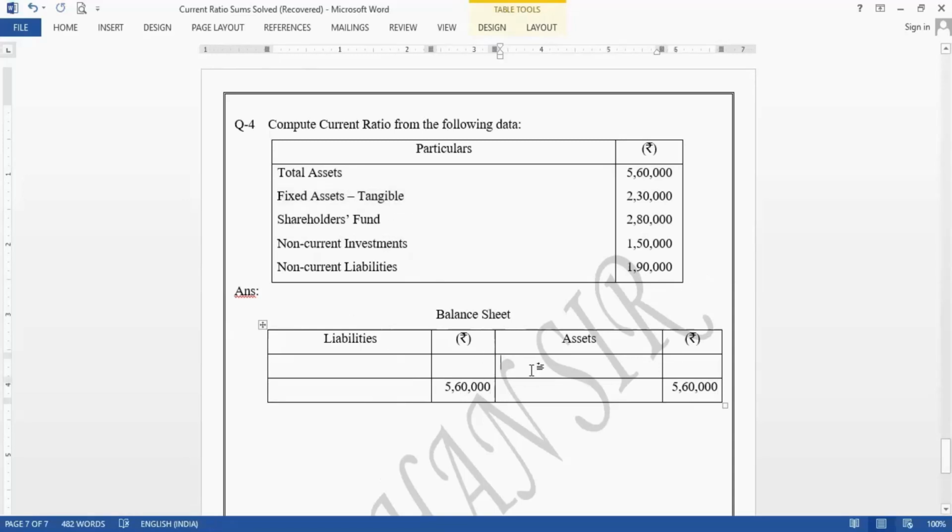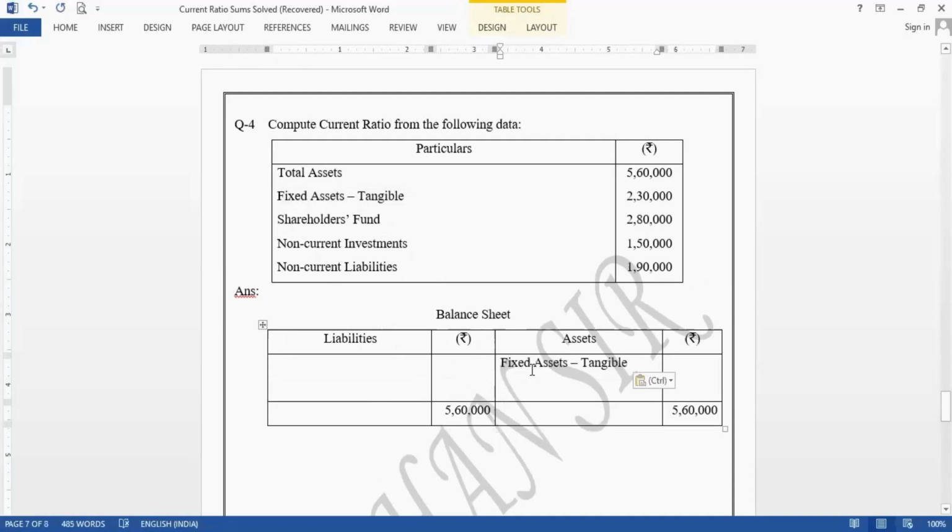Fixed assets tangible is given, so let me place this on the asset side. The amount is 2,30,000. Shareholders fund is given. We all know that it's a liability, so let me put it on the liability side. The amount is 2,80,000.